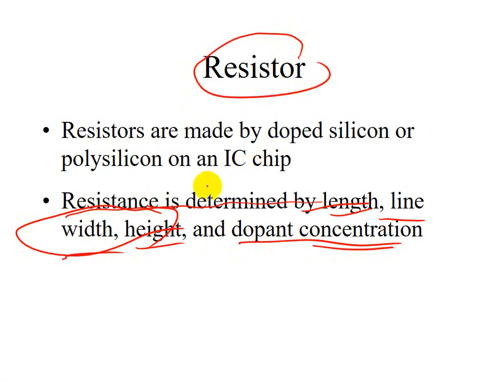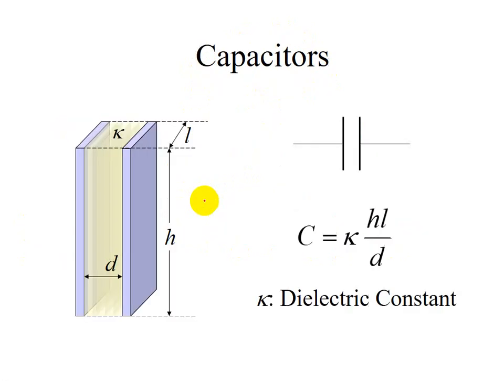This is the first device we introduced. Next, we'll discuss the capacitors. Capacitor is one of the most important components in an IC chip, especially for memory chips.